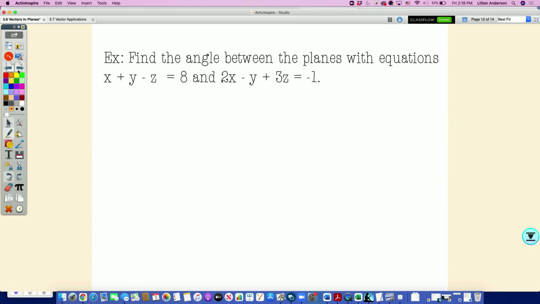All right, so we're going to find the angle between the two planes that have those respective equations: x plus y minus z equals 8, and 2x minus y plus 3z is equal to -1.